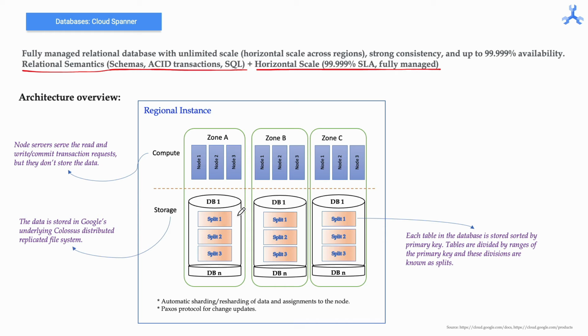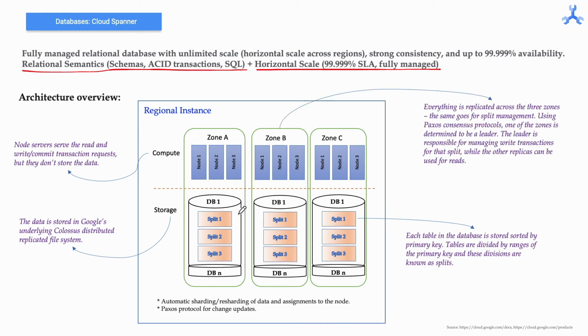So if you have, let's say, 1 to 10 primary keys, a range of 1 to 3 becomes one split, and each one of these splits is replicated 3 times. So everything in Cloud Spanner is replicated across 3 zones, and the same goes for even split management.